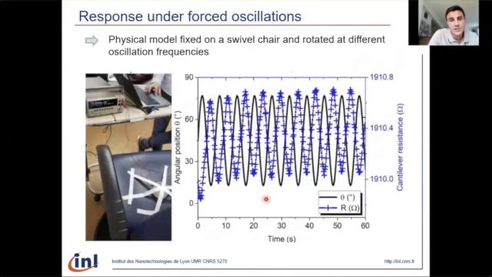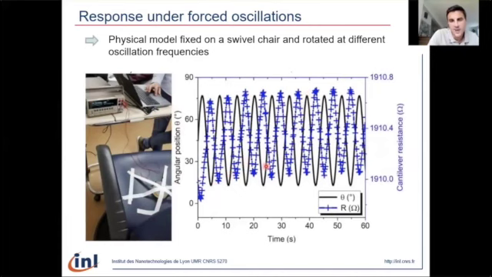Then we have tested our system under forced oscillation with sine rotational excitation. To do this experiment, we have placed the system on a swivel chair that is used in hospital to diagnose vestibular diseases. So this experiment was performed in the Edouard Herriot Hospital in Lyon.